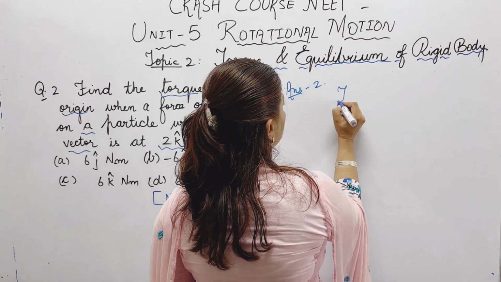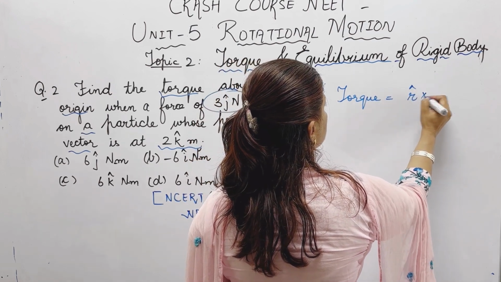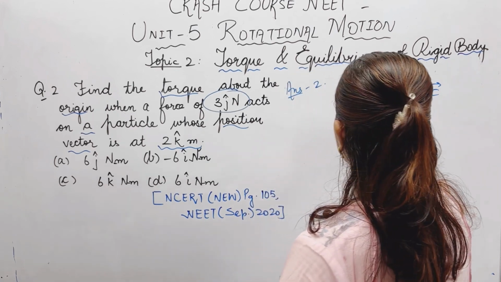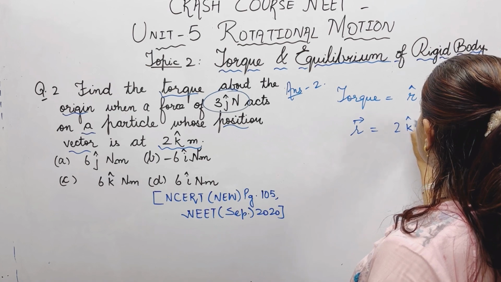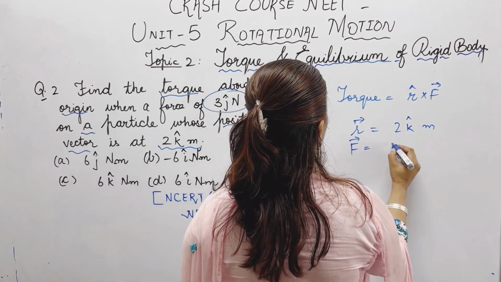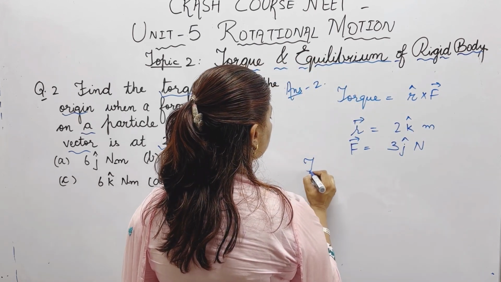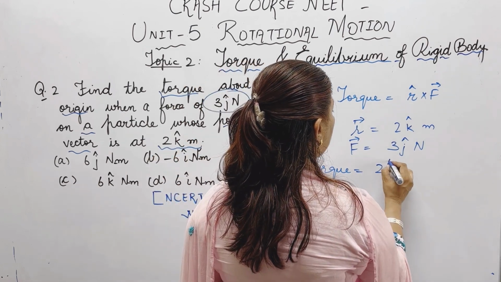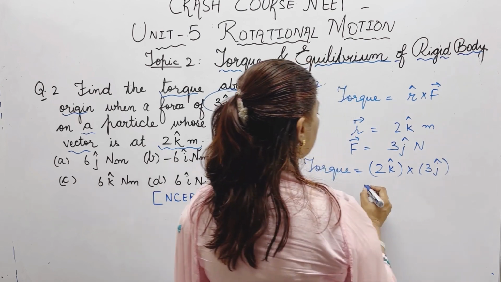Since torque is r cross F, the position vector r is given as 2k meter and the force is 3j cap. So putting these values, we get torque equal to 2k cap cross 3j cap.